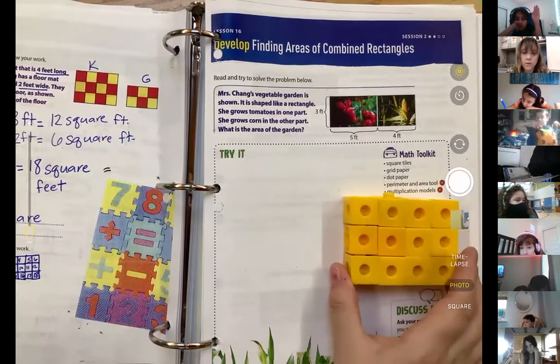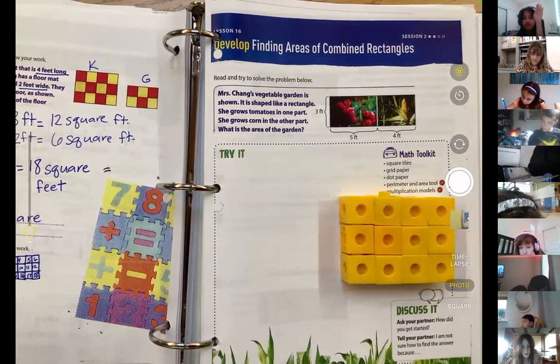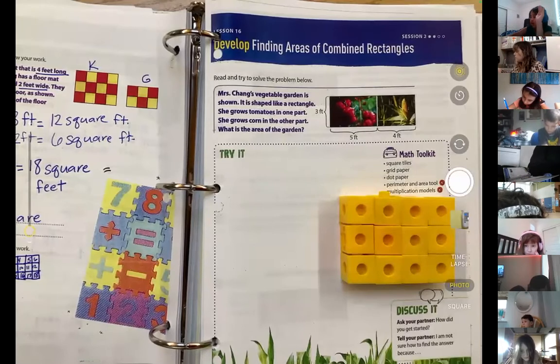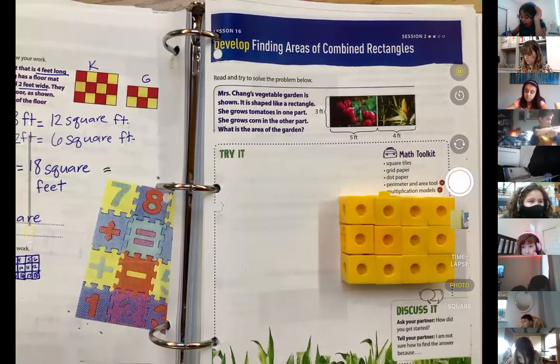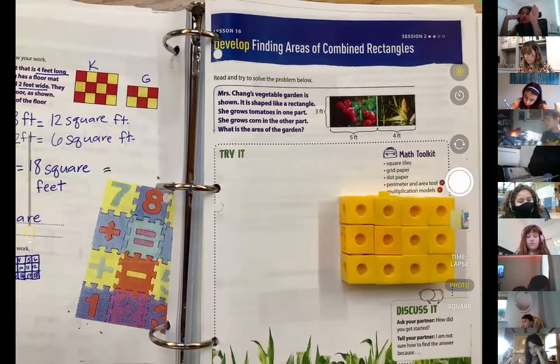All right, here's the corn. Do this 1, 2, 3, 4, 5. 1, 2, 3.